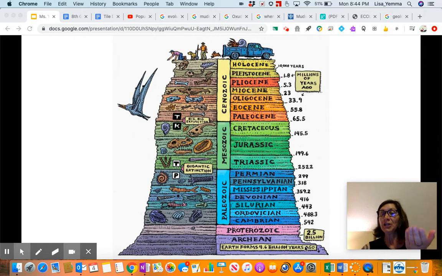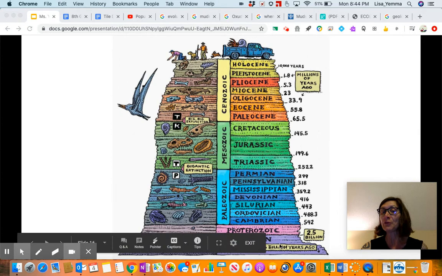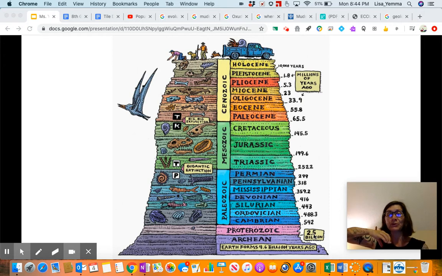So geologic timescale, you remember from our unit on Earth's history that we have the oldest on the bottom, that law of superposition with stratigraphy. The oldest rocks are laid down first, and therefore they're at the bottom. The Earth formed about 4.6 billion years ago, and there was a lot of time. Remember that strip of paper you made where there was so much time until any organisms showed up.